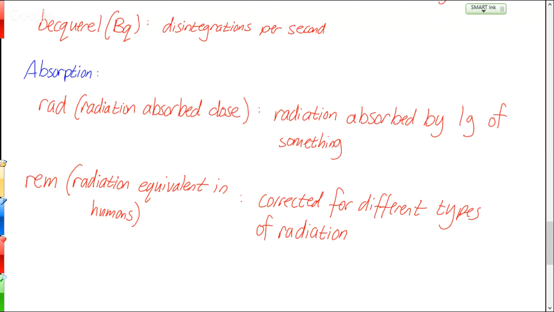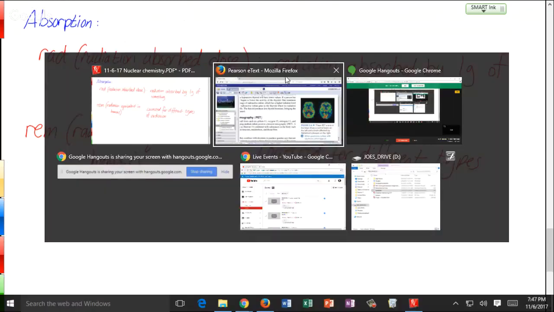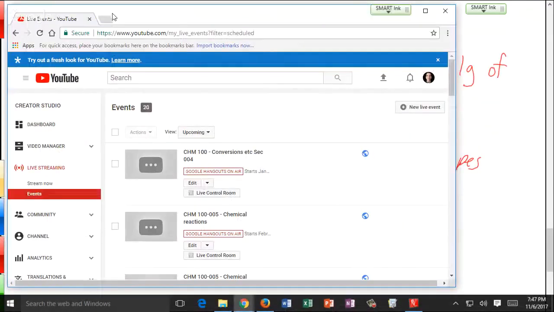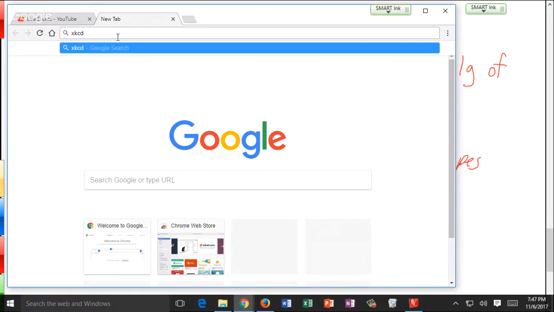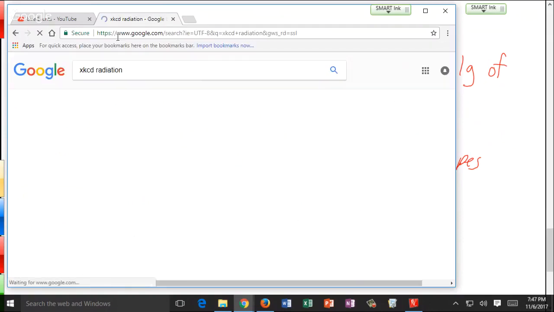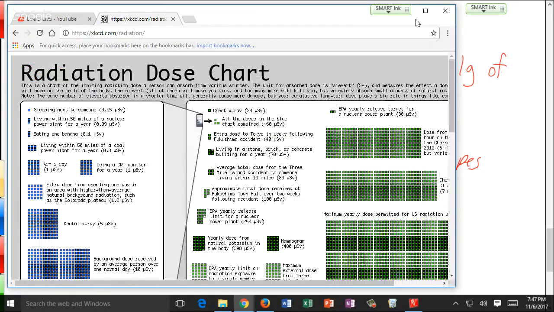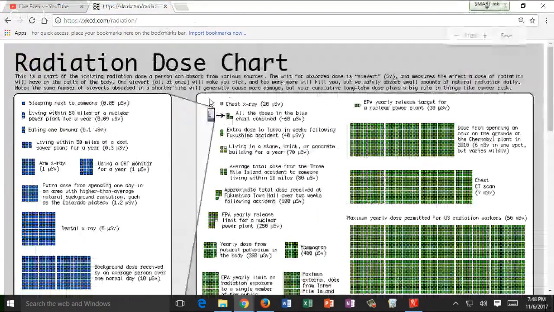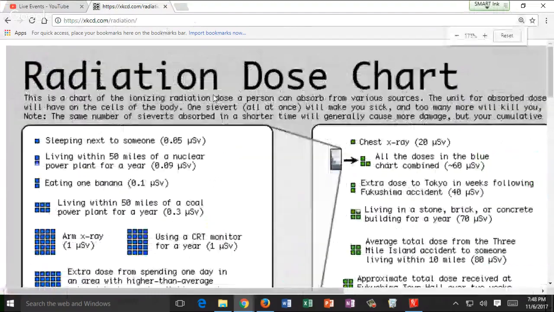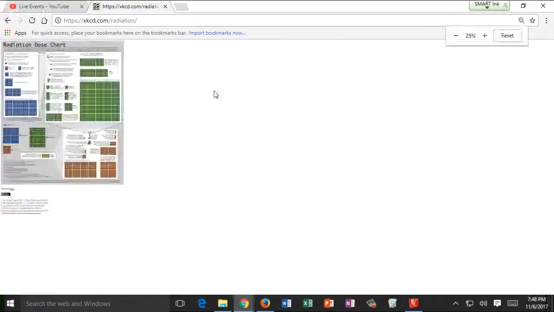So here's a sense of how much a REM is. There's a nice chart from this actually comic on the internet called XKCD. And I'll zoom way out here.